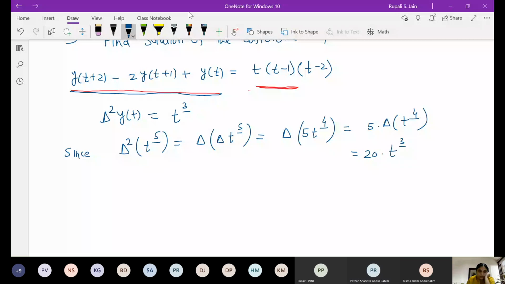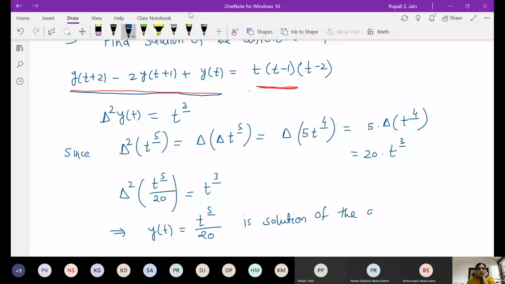So delta square t to the 5 falling divided by 20, I can write as t to the 3 falling. So this implies y t is equal to t to the 5 falling divided by 20 is the solution of the difference equation. Is that okay?